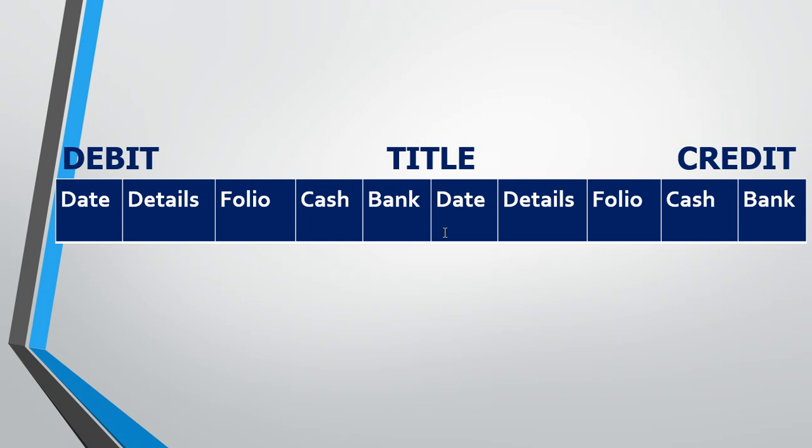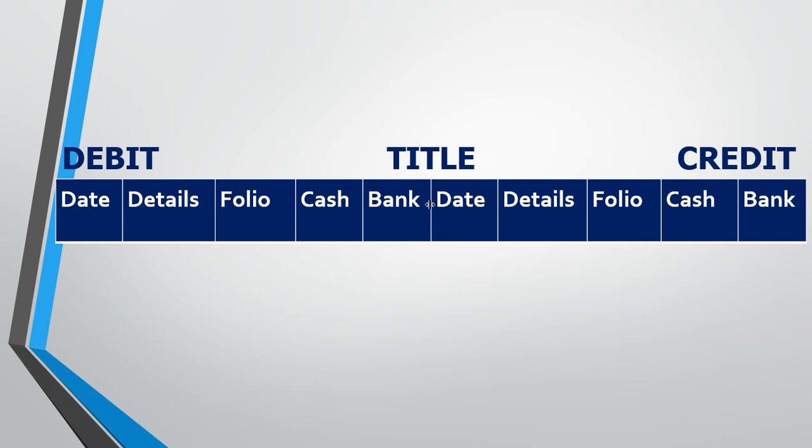Then we also have a three column cash book. For it, there is no big difference, only that it records discounts. There is a column of discount allowed and a column for discount received.